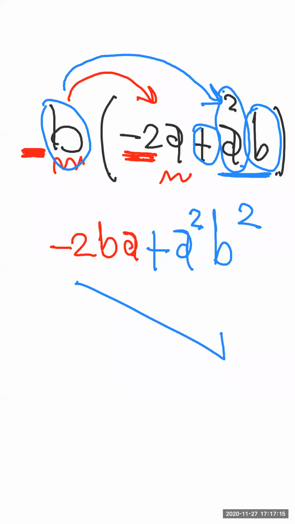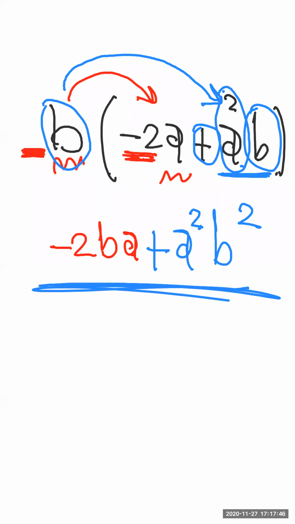Mister, in the example before this one, if we have negative 2a and b squared, can we do addition? This is multiplication. You mean can we add these two terms, 2a and b squared?